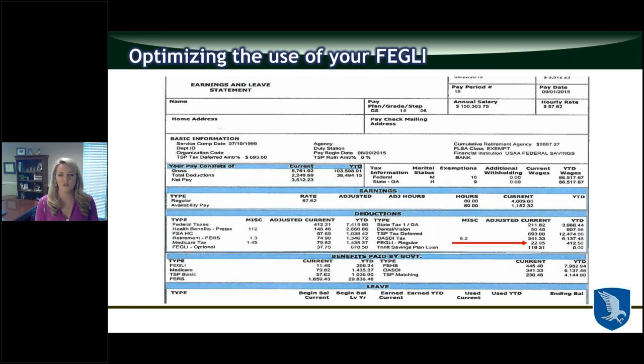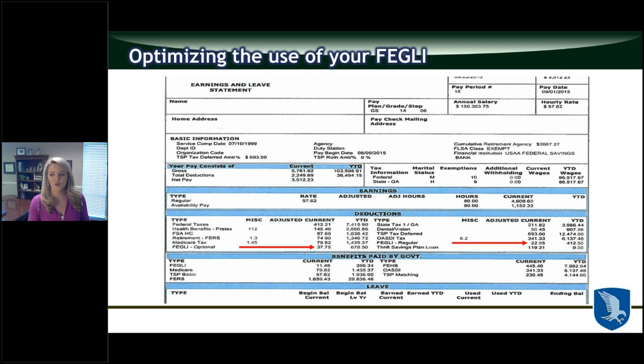This is just for the basic coverage, the basic death benefit. The way that's calculated is it's your salary rounded to the nearest thousand plus 2,000. So that's how you calculate your death benefit. And then on your pay stub, you see the cost per pay period.